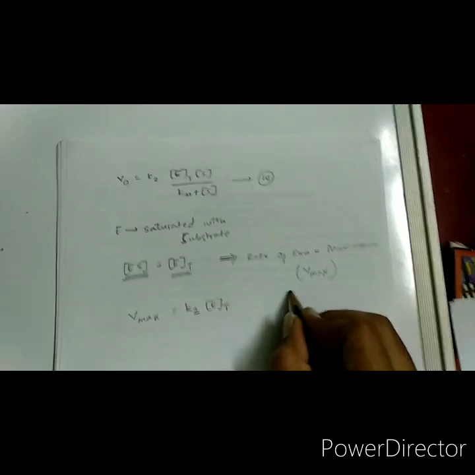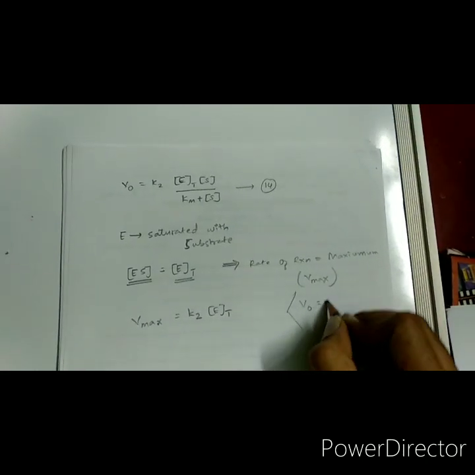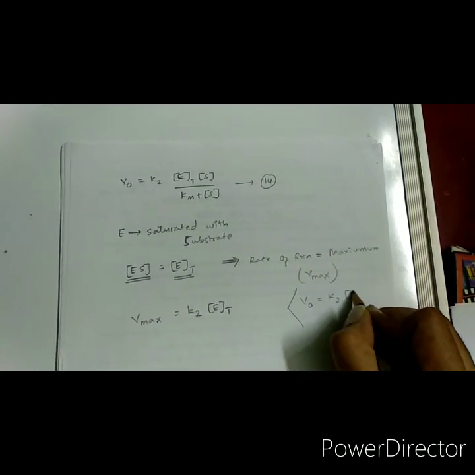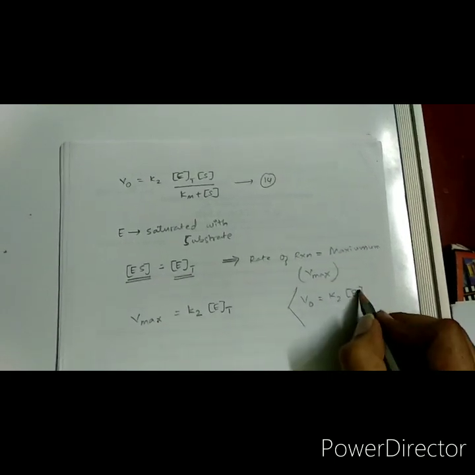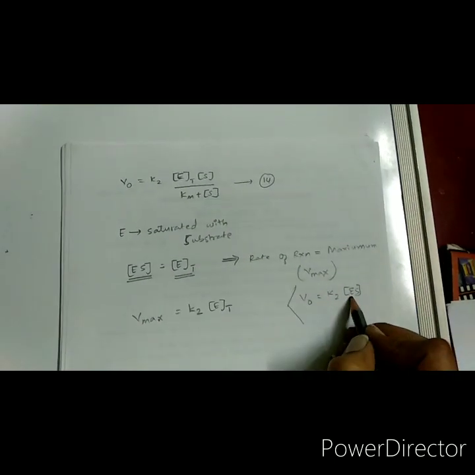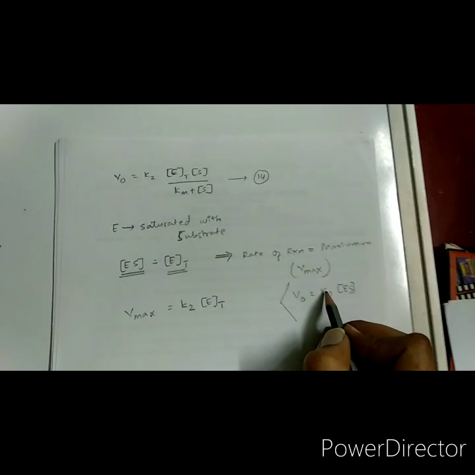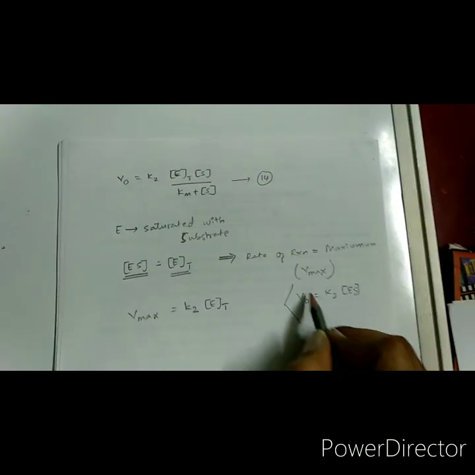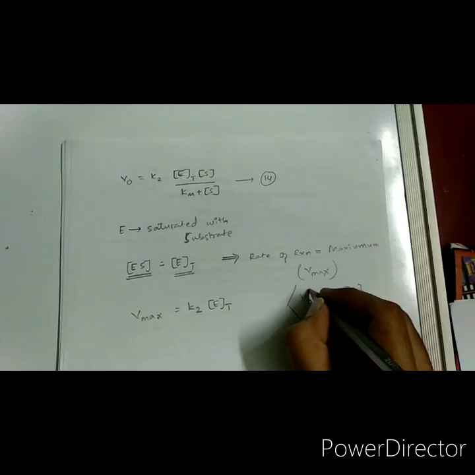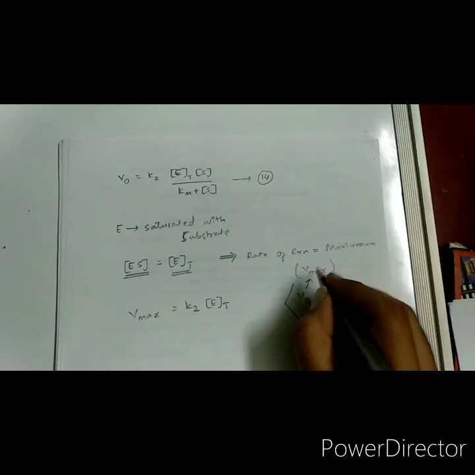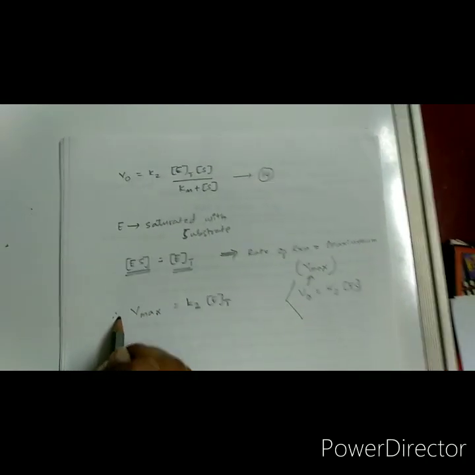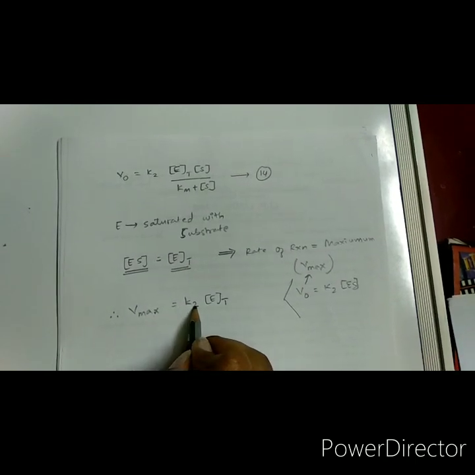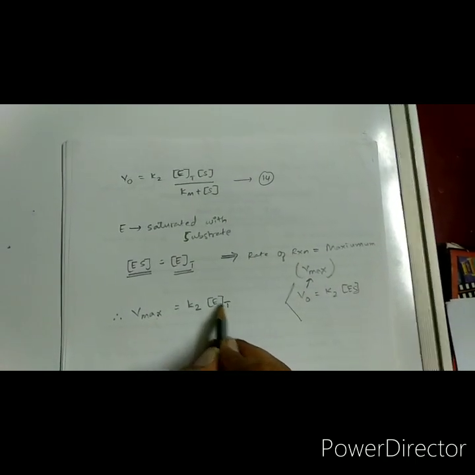Initially we had seen that V0 is equal to K2 into Es. Now this Es is equal to Et, that is the total enzyme concentration, and the initial velocity has changed to maximum velocity. Therefore Vmax will be equal to K2 into total enzyme concentration.